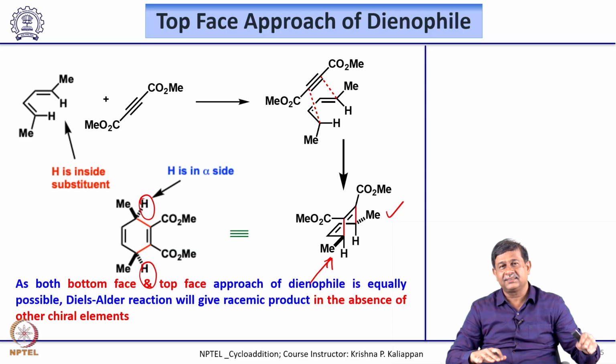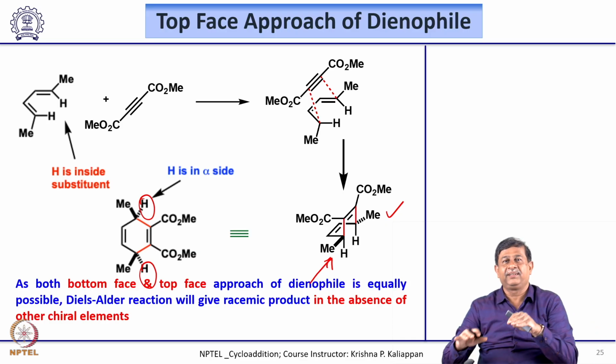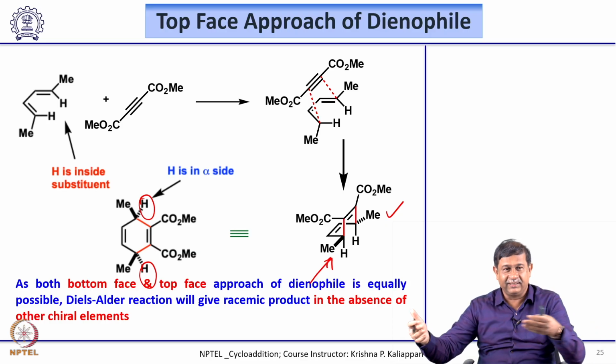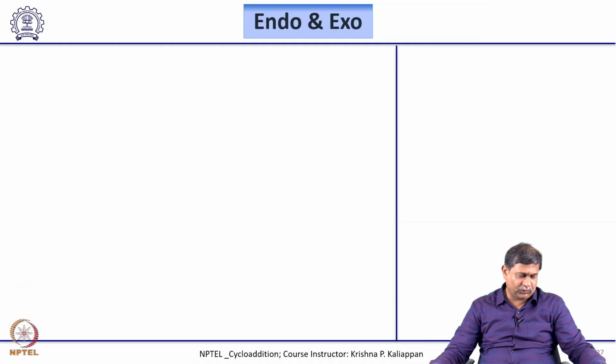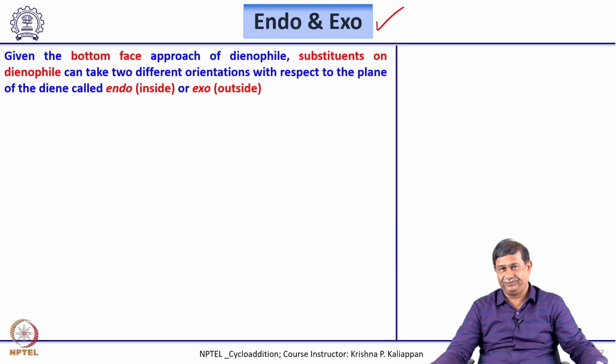So in such cases, both approaches will give 50-50 enantiomers, and finally it will lead to a racemic compound. So far we talked about symmetrical diene and symmetrical dienophile. When you have an unsymmetrical diene or dienophile, then you have to know an important concept called endo and exo.